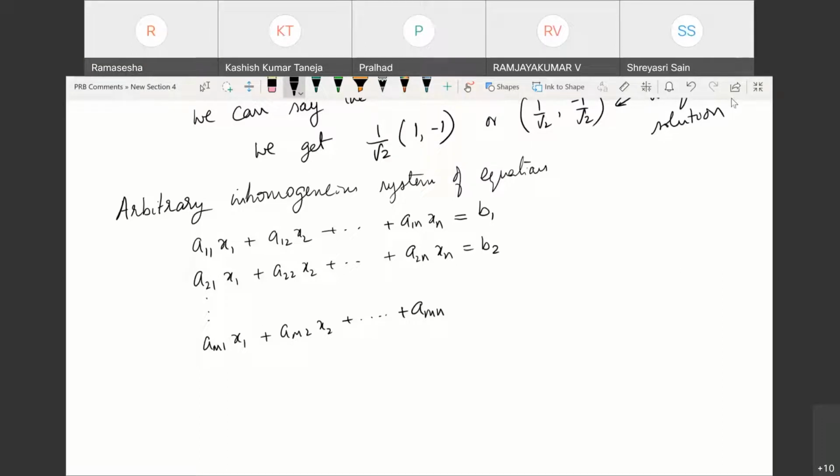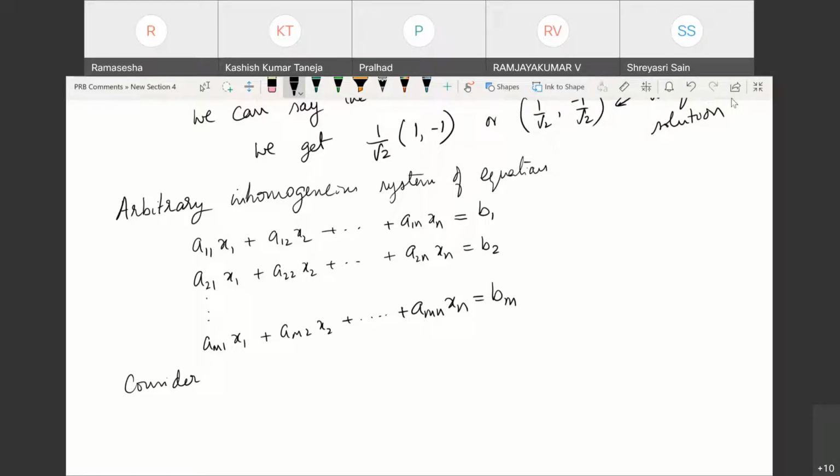If you want to solve this equation, what I will do is consider one more unknown, xn plus 1. Okay.